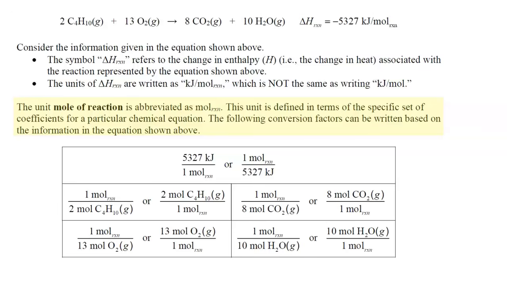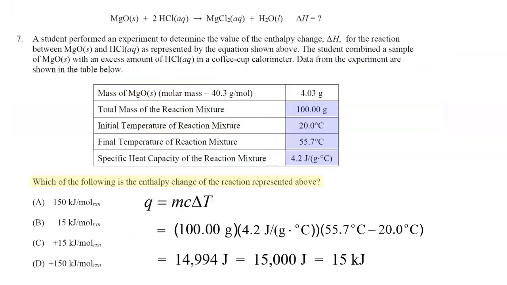So mole of reaction is a unit that is defined in terms of the specific set of coefficients for a particular chemical equation. Let's go back and take a look at the chemical equation in question 7. So there's 1 mole of magnesium oxide reacting with 2 moles of hydrochloric acid. But they said in this experiment that the student combined a sample of magnesium oxide with an excess amount of hydrochloric acid.